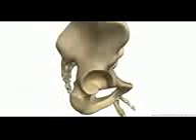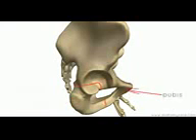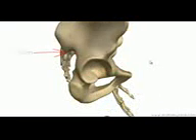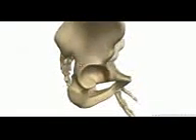So we're just looking laterally at the hip here, and I'll show you where the ischium lies. So this is the ischium, posterior inferior. This side here is posterior, and this is anterior. So anteriorly you've got the pubis, and above you've got the ilium. So if I just rotate the model round again, we can look at it medially.